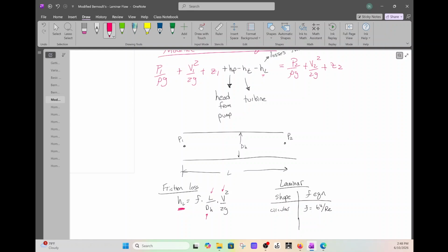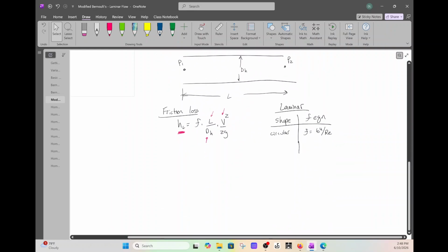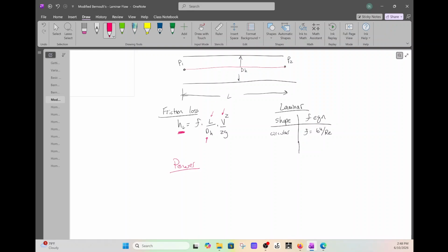So let's do a practice problem so you get an idea of how all of this combines. Okay. One last thing I want to give you before we do that, I forgot, is the power. So if we want to know the power to move liquid in a pipe, W dot, you need to know your volumetric flow rate and your delta P. Okay.